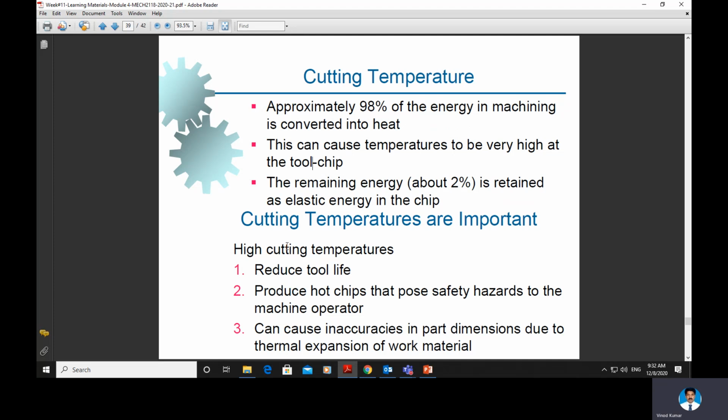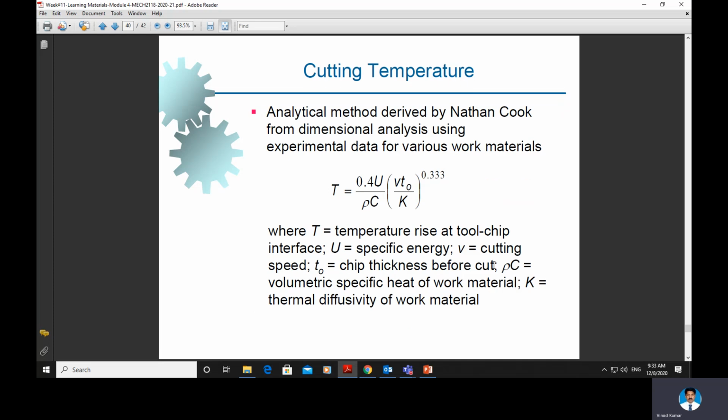As the cutting temperature increases, it reduces the life of the tool. It produces safety hazards for the operator because of hot chips. It can cause inaccuracies because the material will expand due to thermal expansion. So cutting temperature needs to be carefully dealt with.